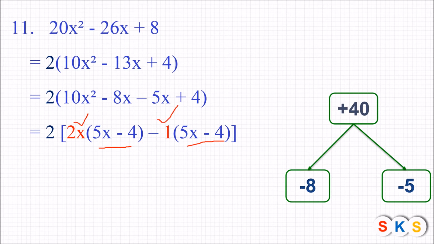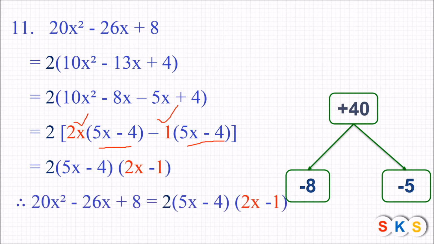So we will get here 2 in a bracket 5x minus 4, in the second bracket 2x minus 1. Therefore 20x square minus 26x plus 8 can be written as 2 in a bracket 5x minus 4, in the second bracket 2x minus 1.